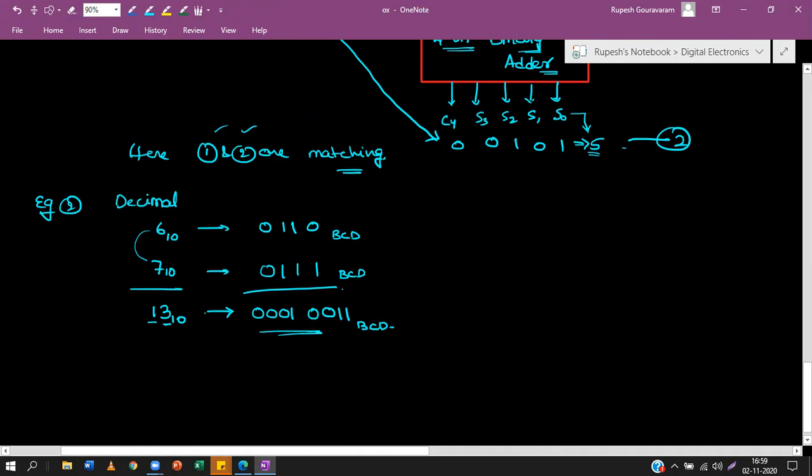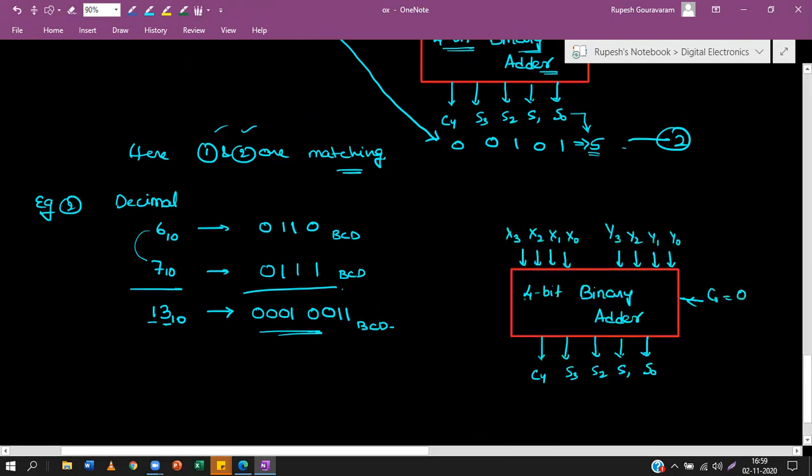Now let us check if we use the 4-bit binary adder, will we get the same result or not? Let us take this 4-bit binary adder here. In this 4-bit binary adder, we'll replace x3, x2, x1, x0 by 0, 1, 1, 0 and y3, y2, y1, y0 by 0, 1, 1, 1.